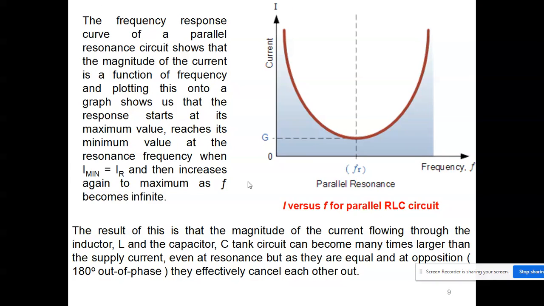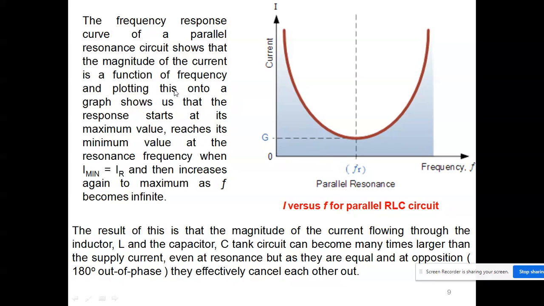Then we see the effect on the current also. The frequency response curve for the parallel resonance circuit shows the magnitude of current as a function of frequency. I'm plotting it on the graph. You see we plotted the graph here.